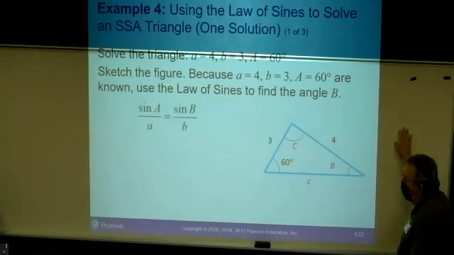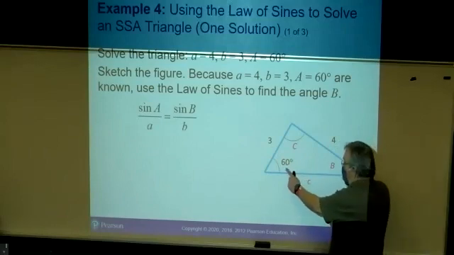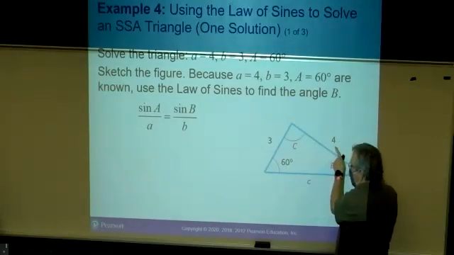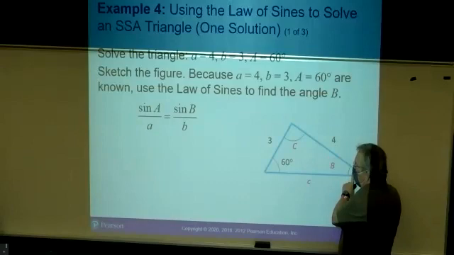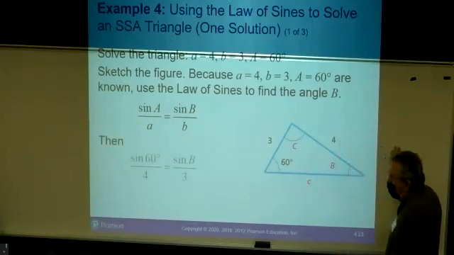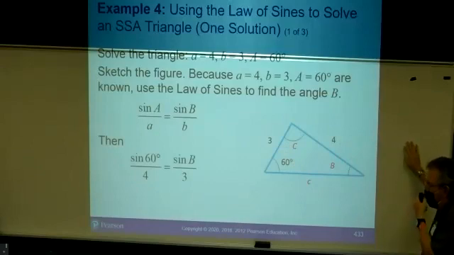And so the sine of A, which is 60, divided by A, will equal the sine of B over here, divided by 3. And so we take 3/4 of the sine of 60, which is 0.65.